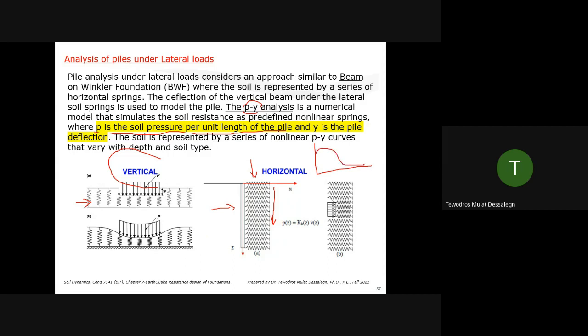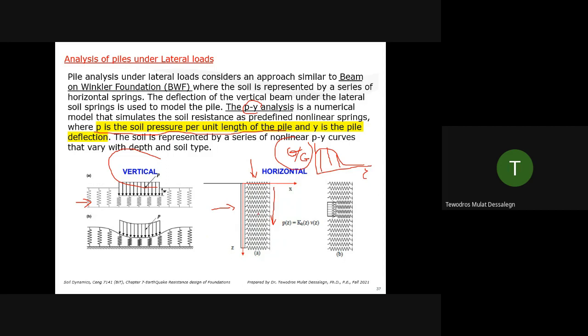So the G value, if you remember the G/Gmax curves, it's dependent on strain. So at every point, G is changing with the strain. So we can make these springs also nonlinear. They change with the strain, or equivalent linear, because spring constants are usually using the G value, right?